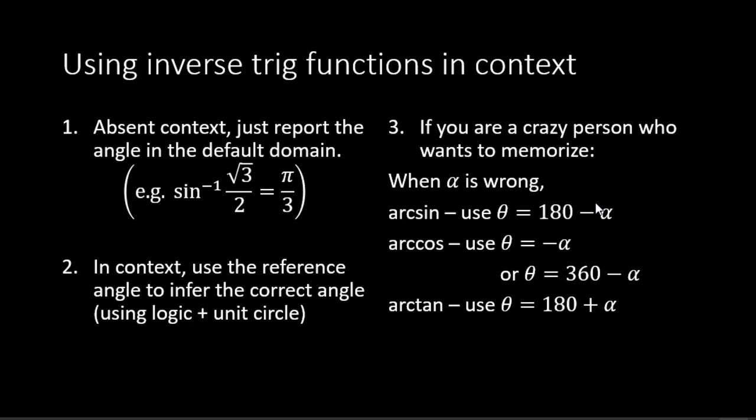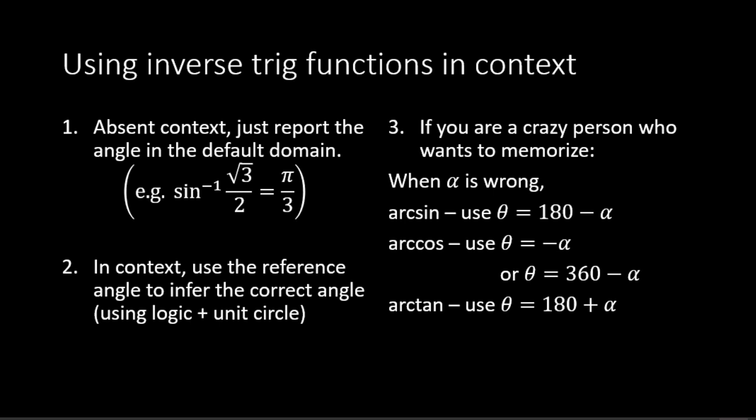Now, for cases where the angle you get is negative, this will still work because it'll actually give you 180 degrees plus that angle, which will give you the correct value. Because what you'll be looking at is you want an angle on the left, and you're going to give an angle on the right. So for negative angles, it'll give you the third quadrant instead of the fourth quadrant, which is exactly what you need for sine.